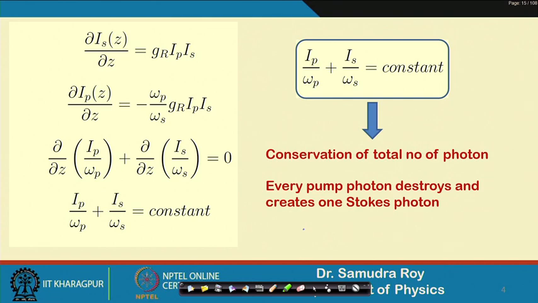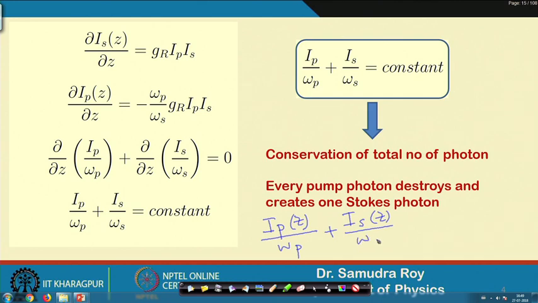So, if I now carefully understand what is going on, this equation has I p as a function of z, divided by omega p, plus I s as a function of z, divided by omega s.